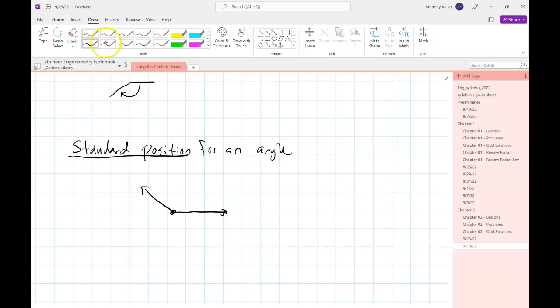Okay? I'm going to name one side of my angle the initial side. I'm going to name the other side of my angle the terminal side. And then this point in our angle is called the vertex, right? Where the two arms meet. Everybody's cool?